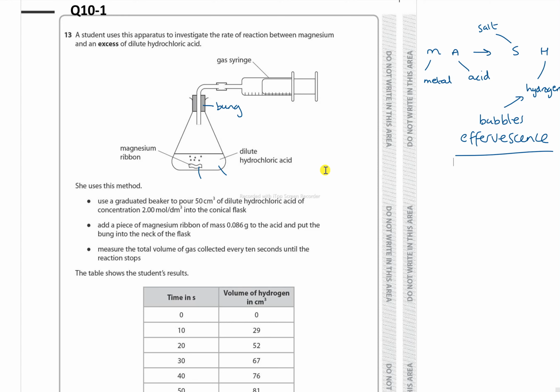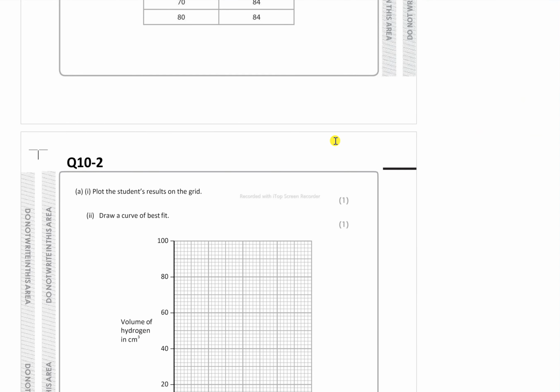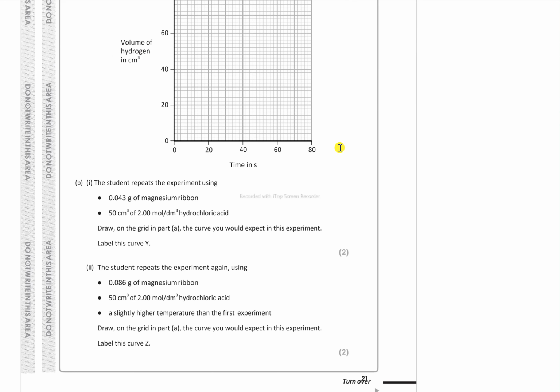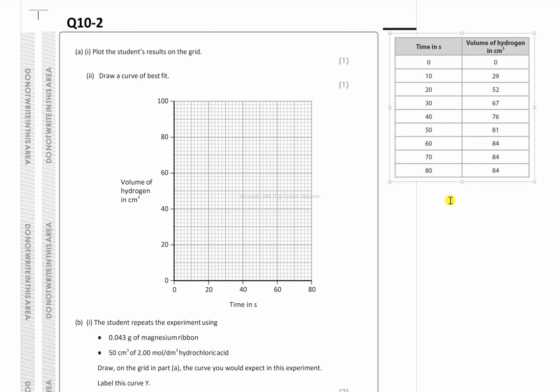Right, that's to add this. All I'm going to do with this one is to plot it. We're not interested in any other part. So let's get this table down there. Right, so what we're going to do, you've got time in seconds, 0 time.